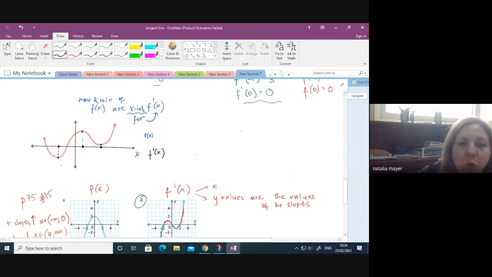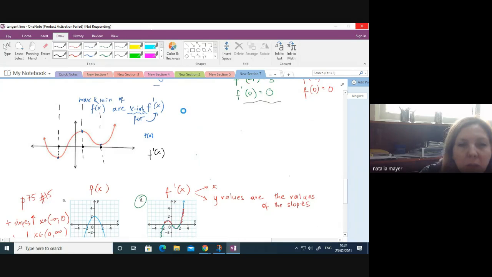Not only this, but they are also the values which break up the x-axis into intervals according to the slope values, either positive or negative. So if I break the x-axis into intervals, you tell me plus or minus.